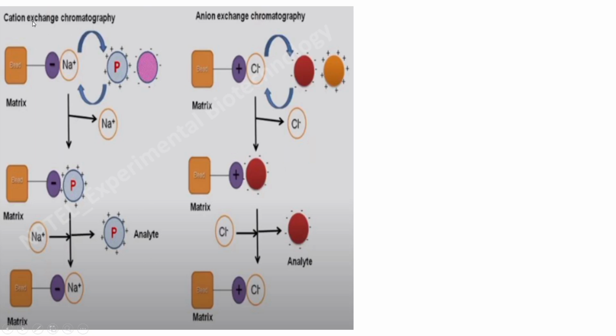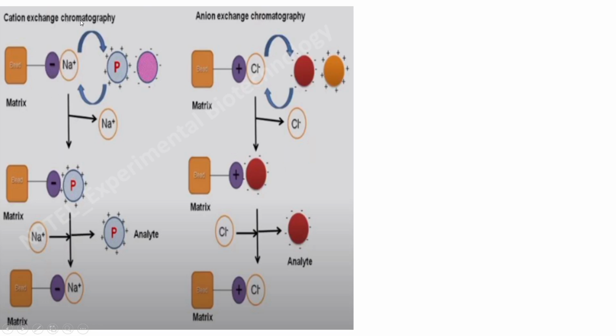So we have two types of ions, right? Cation and anion. So positively charged ions and negatively charged ions. For positively charged ions, we will use the matrix that will be negatively charged, and for negatively charged ions, we will use the matrix that is positively charged. So this is the matrix to which a negative charge is attached.